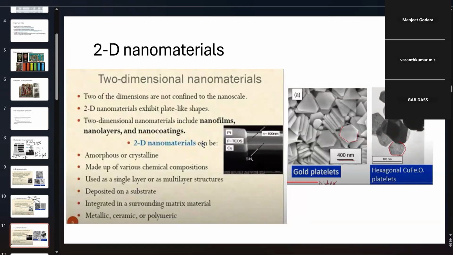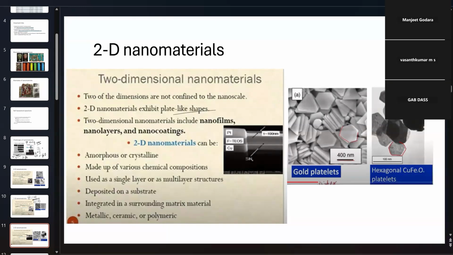Next we have 2D nanomaterials. Here, two dimensions are not confined to the nanoscale, but the third dimension, usually the thickness, lies in the nanometer scale.